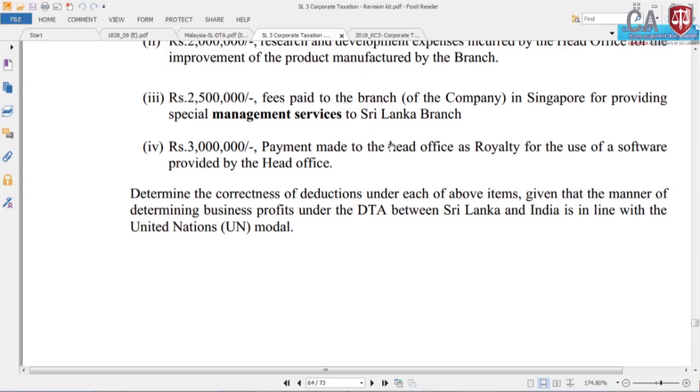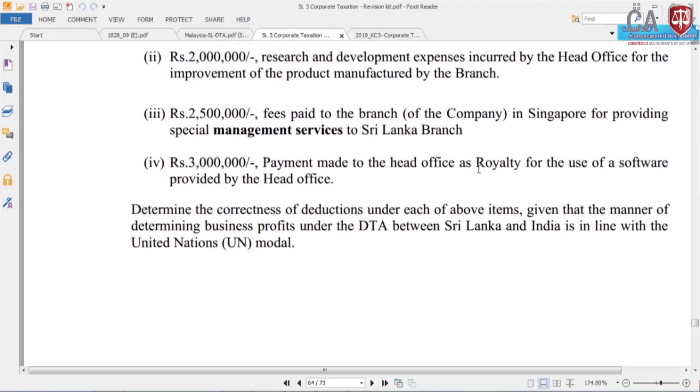We have made the payment to the head office by way of royalty for the use of software provided by the head office. In Article 7 paragraph 3 it is very clearly given: for patents, copyrights, anything, can you deduct the royalty? No, you cannot. That is why the fourth one also shall not be deducted as per the double taxation treaty between Sri Lanka and India, and it should be disallowed.